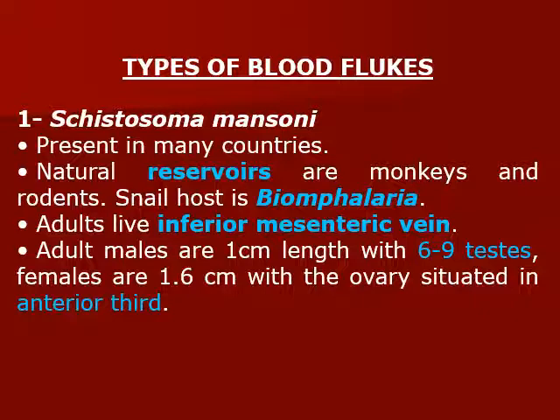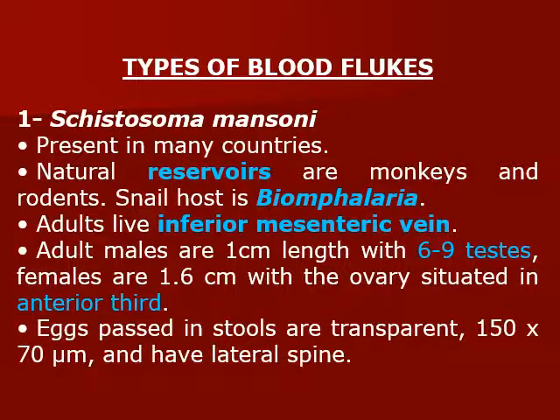The females are 1.5 centimeters, with the ovary situated in the anterior third of the body. This is characteristic for Schistosoma mansoni. The eggs are passed in stools. They are about 150 by 70 micrometers and have a lateral spine.